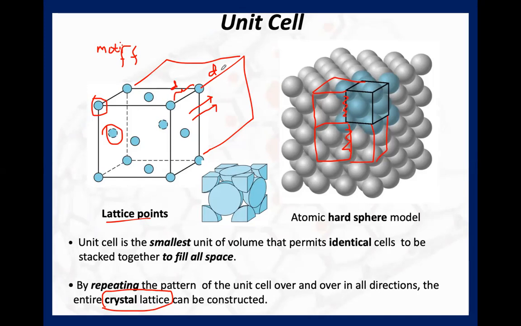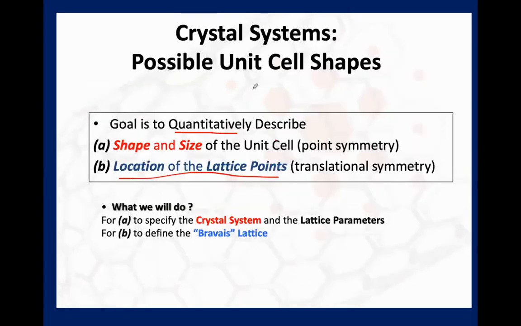Okay, so these are important. That means the shape and the relative distance cannot be changed in a unit cell. Okay, right.